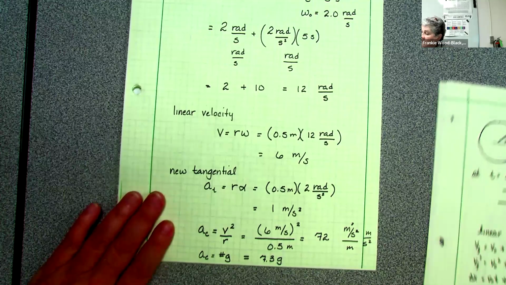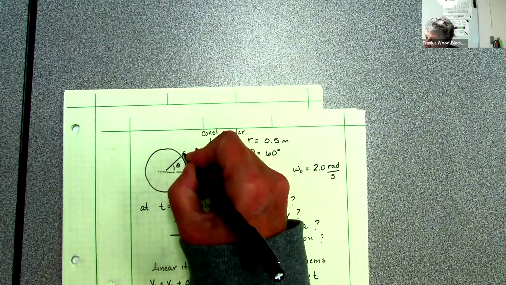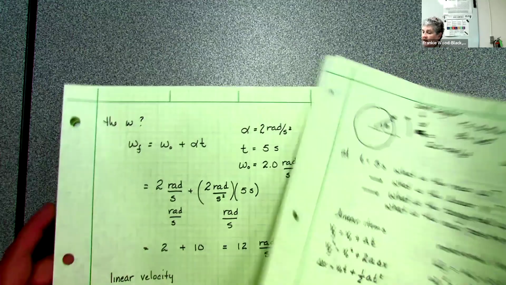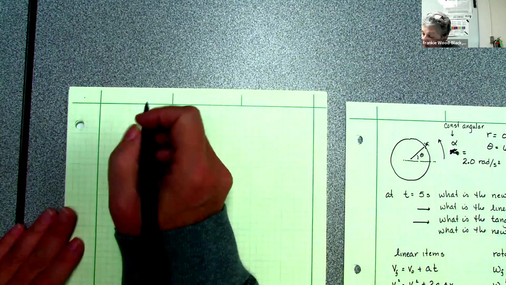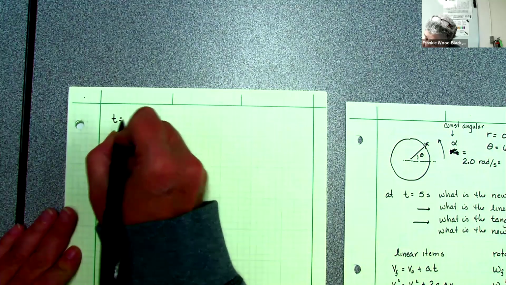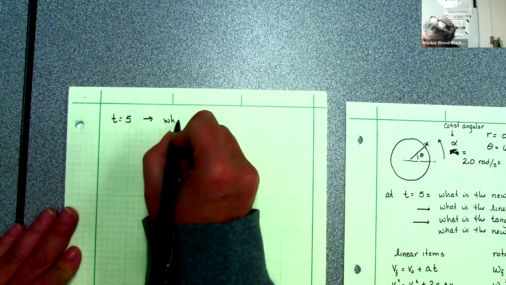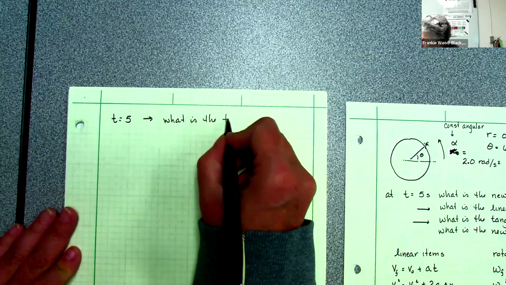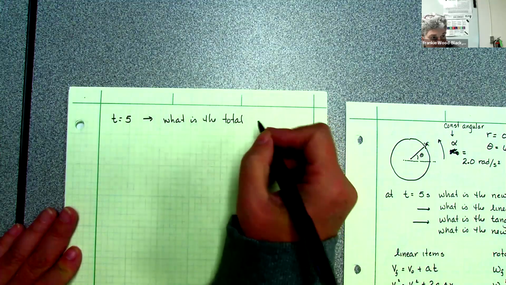Now let's say that this was a spider because it's Halloween time. Okay, and we've done all of that calculation. And what we want to know now is at that time, at t equals 5, what is the total acceleration?